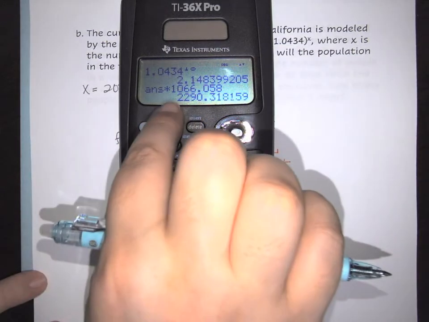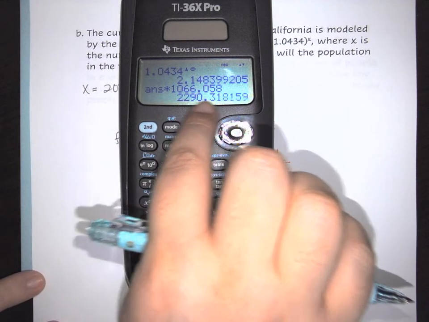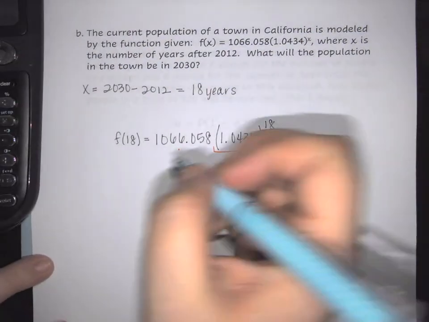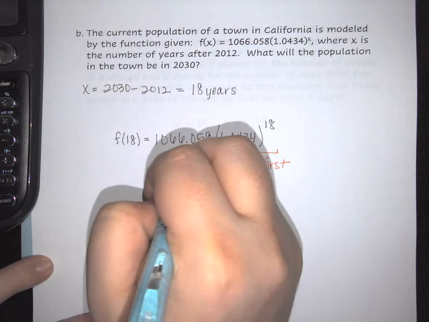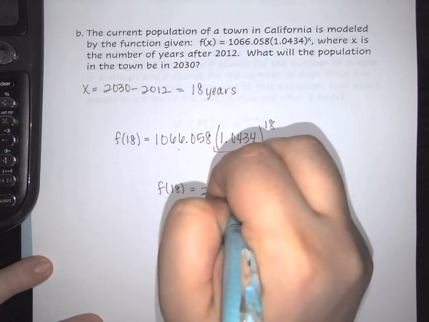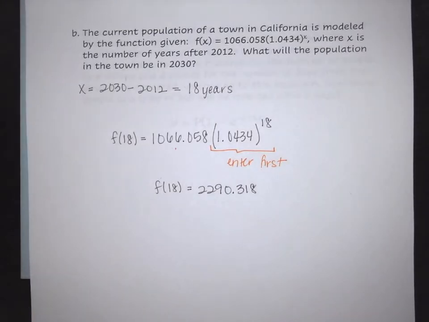So when you hit enter now, it's going to give you another result. Okay? And so here notice we have a decimal. So what we got is that f of 18 was equal to 2290.318.